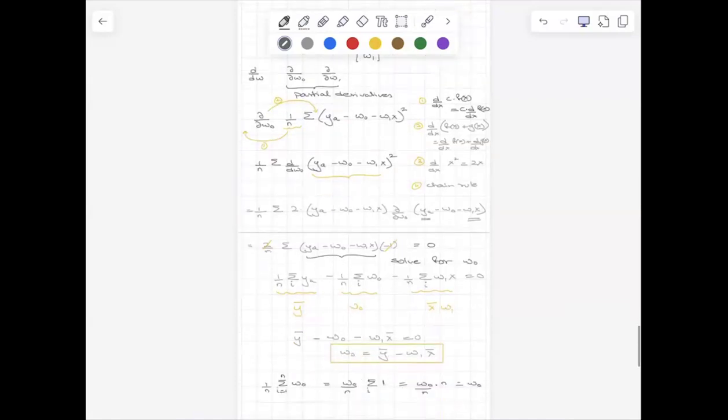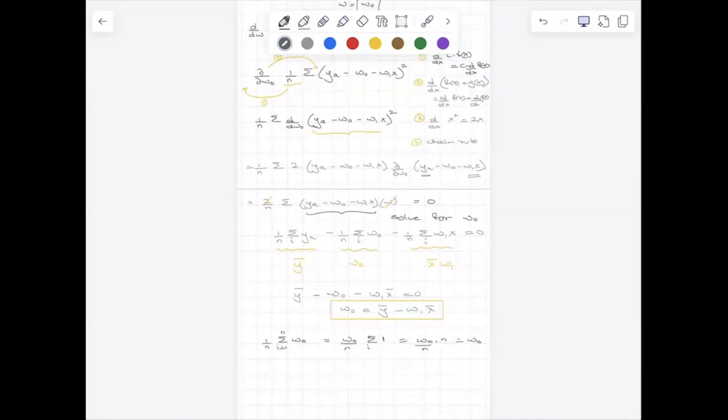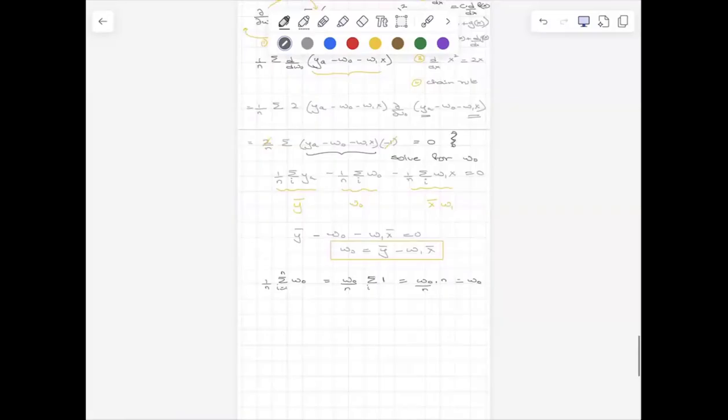I do a bunch of algebra to come up with this equation, which I'm going to set equal to 0 and solve for W naught. And then with a little bit more algebra, I get this final value. Is that fine?